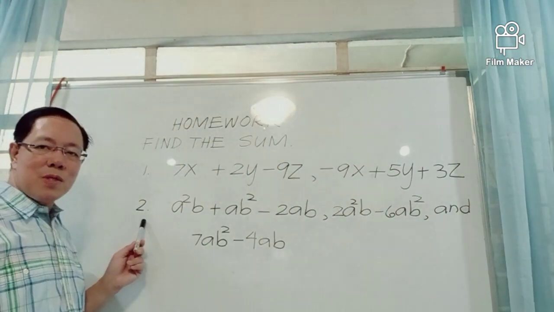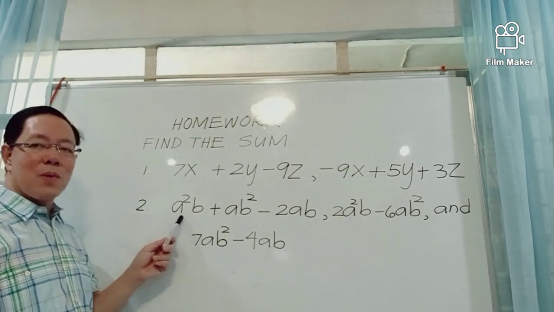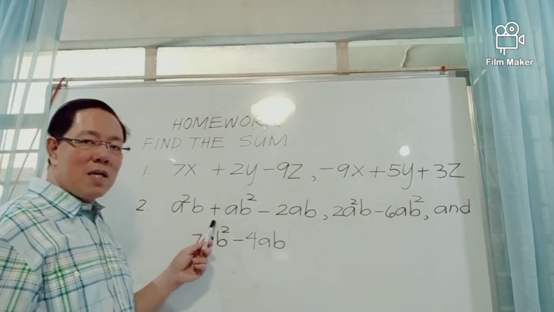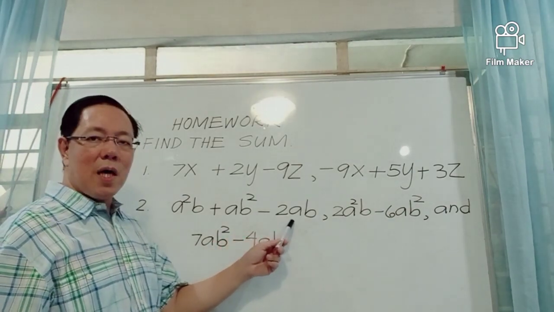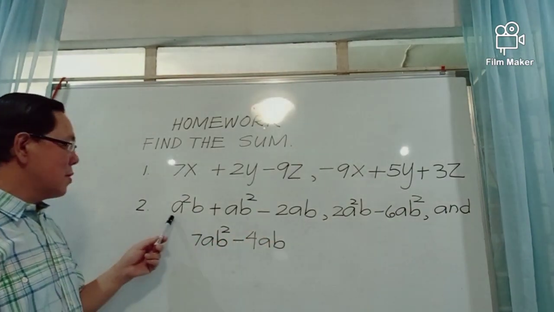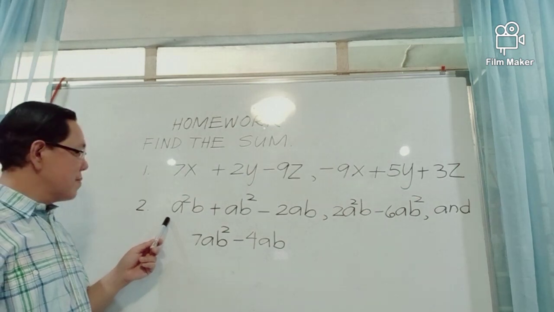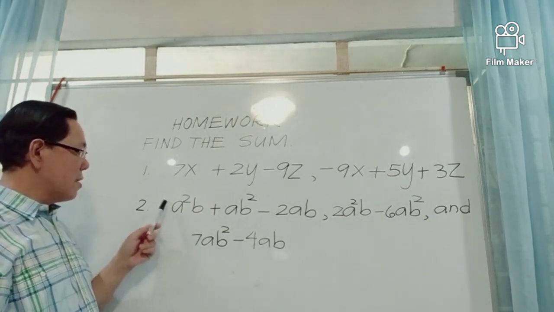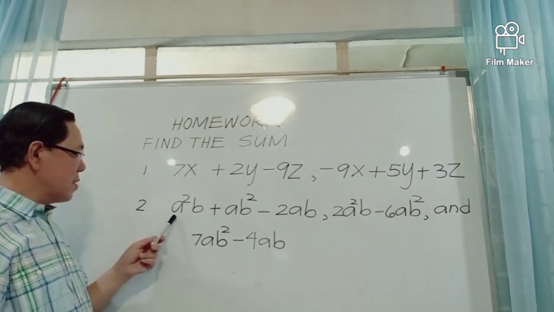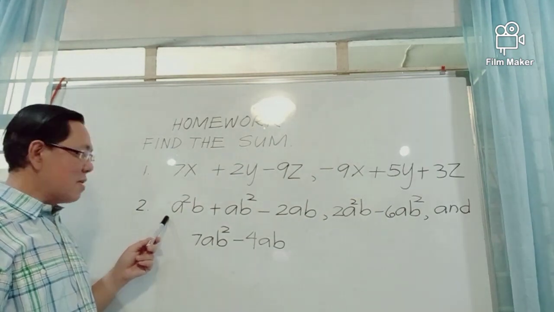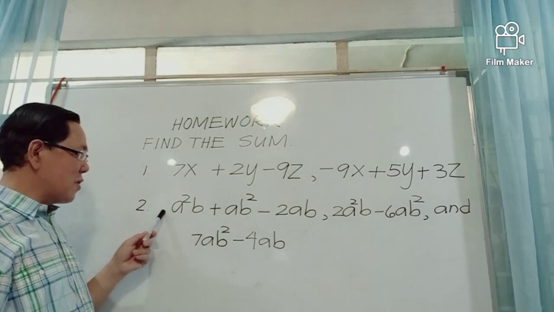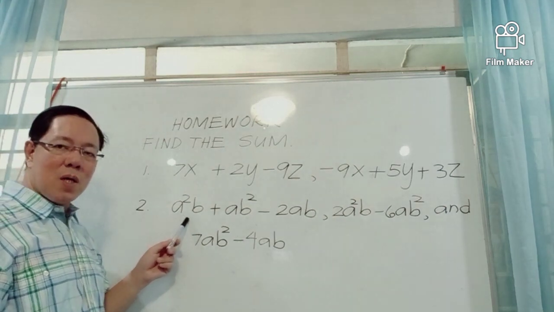For number 2, the given are a squared b plus ab squared minus 2ab. You notice that for the first term, there is no number in front of a squared b. That means that the numerical coefficient of the first term is 1.